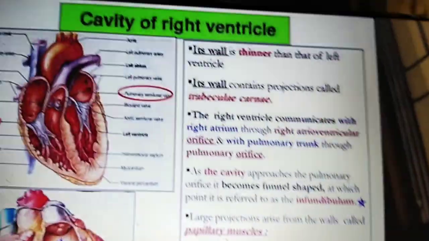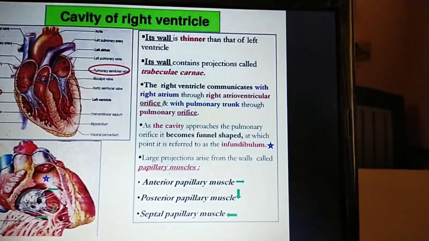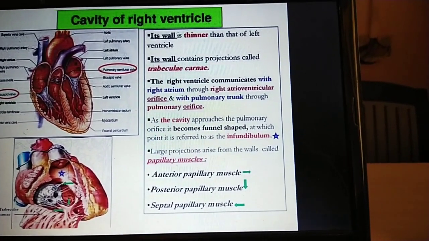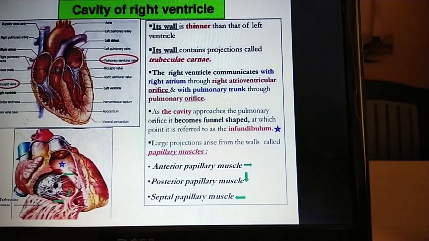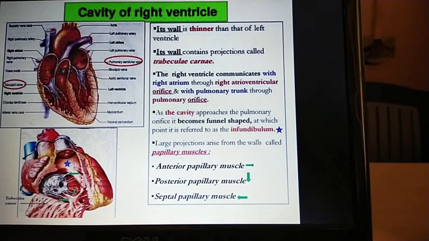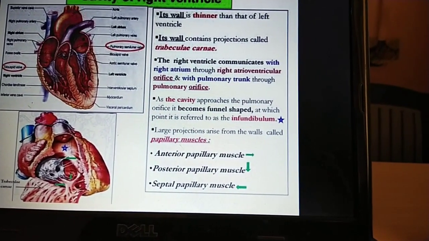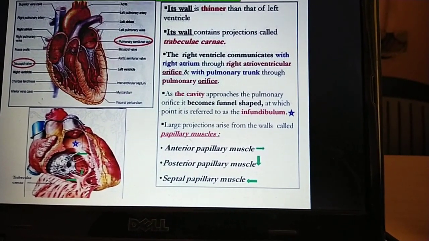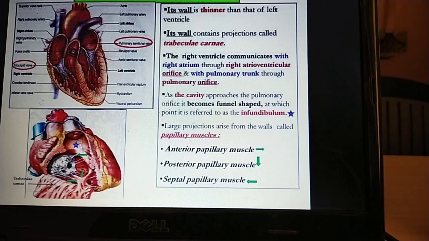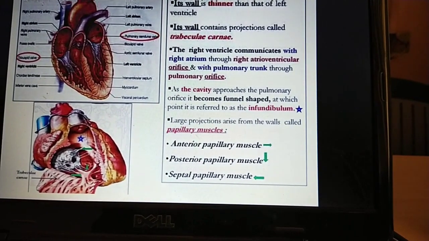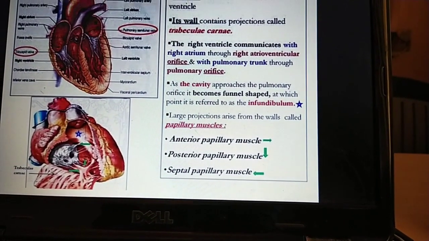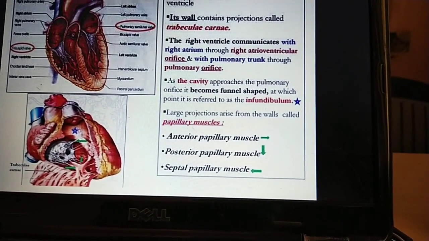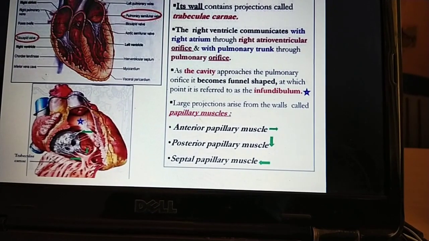In the right ventricle, the wall is thinner than the left ventricle. Its walls contain projections called trabeculae carneae. The right ventricle communicates with the right atrium through the right atrioventricular orifice and with the pulmonary trunk through the pulmonary orifice. As the cavity approaches the pulmonary orifice, it becomes funnel shaped, and this part is referred to as the infundibulum.